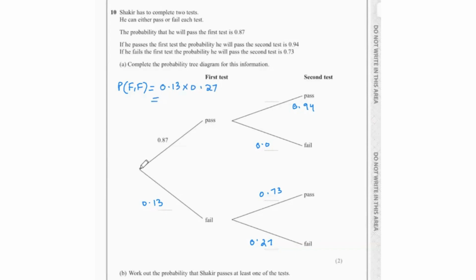Basically, we go from here to here, and that's going to be 0.0351. So to find the probability of him passing at least one test, we can subtract this from 1, and that will give us 0.9643. That is the probability of him passing at least one test.